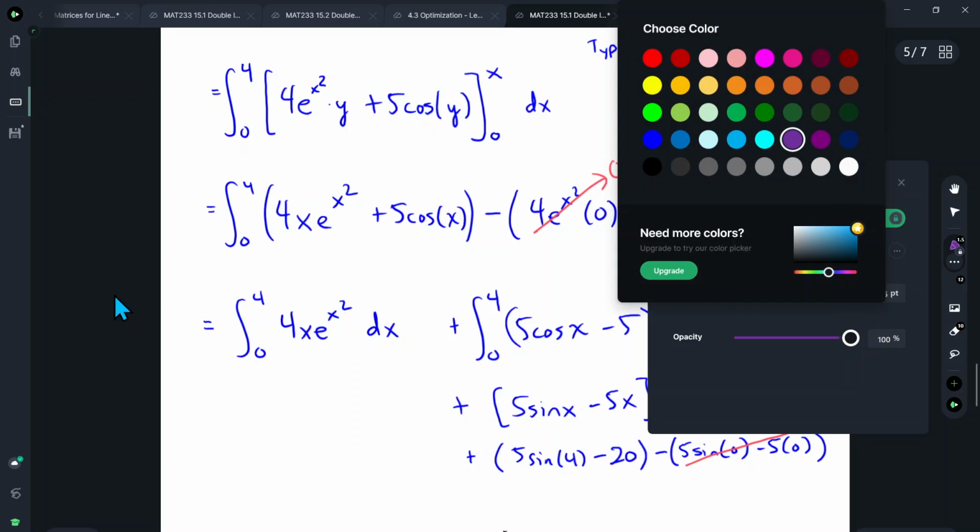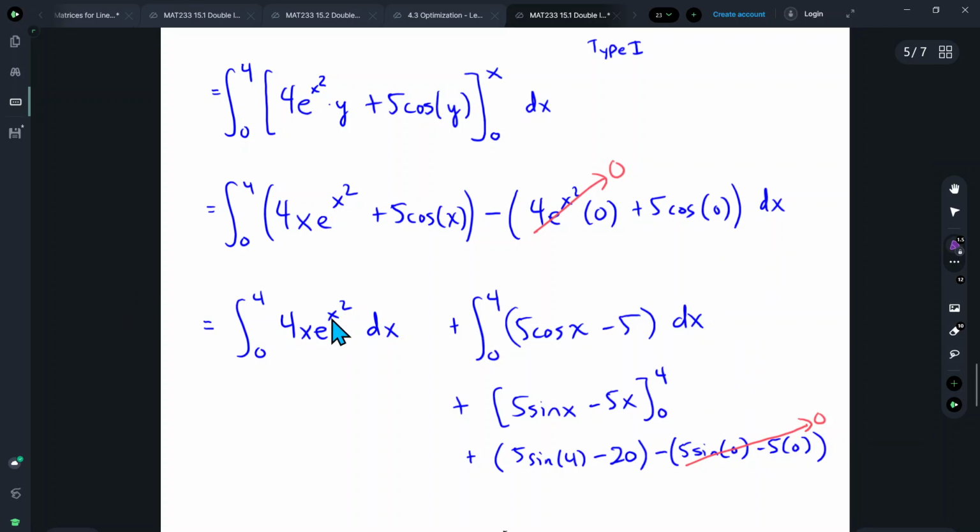So as I said, this requires a u substitution because the derivative of x squared gives me 2x, and then I can cancel out this x here, right? So we take u to be x squared. Du, derivative of this is 2x times dx.